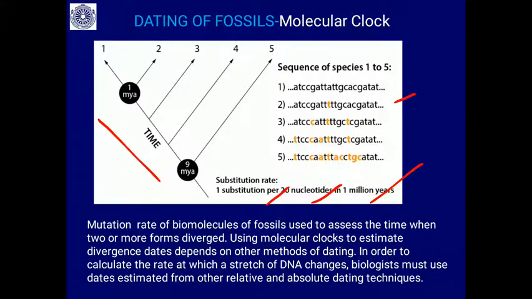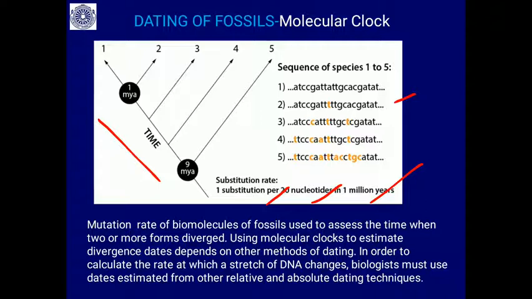The mutation rate of biomolecules of the fossils is used to assess the time when two or more forms diverged. Using the molecular clock to estimate divergence dates depends on other methods of dating. First we have to assess with radiometry, then we can go for this, to find precisely in which period they diverged.